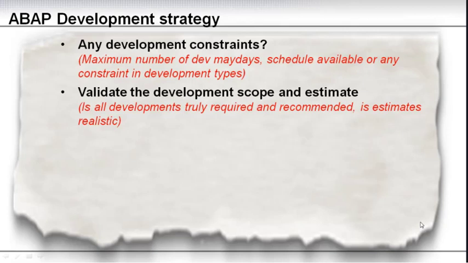And if you have a constraint from number one, you might need to look at cutting down the development scope. It might not be technically possible to do before you go live or before certain key activities, and you might need to look at whether to do it in a phased approach. So there needs to be a validation exercise of your development scope and estimate.